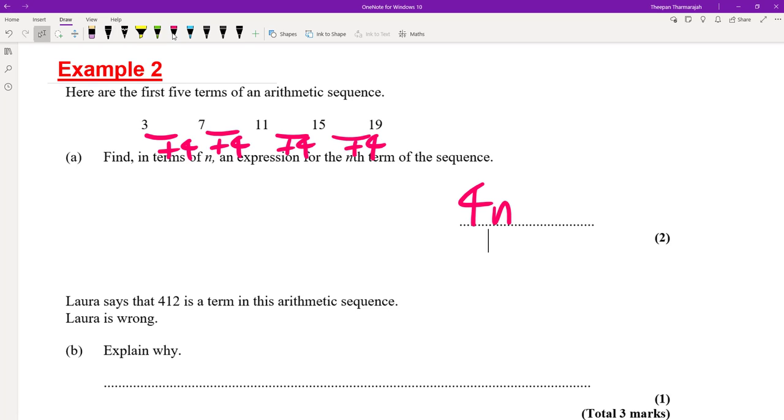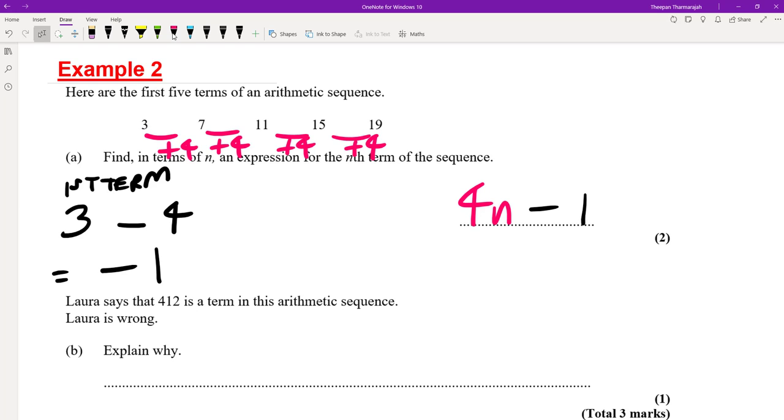And remember, we take our first term, 3, and do the opposite of the difference. The opposite of plus 4 is minus 4. So 3 minus 4 gives me minus 1. So I get 4n minus 1 is the nth term of this sequence.